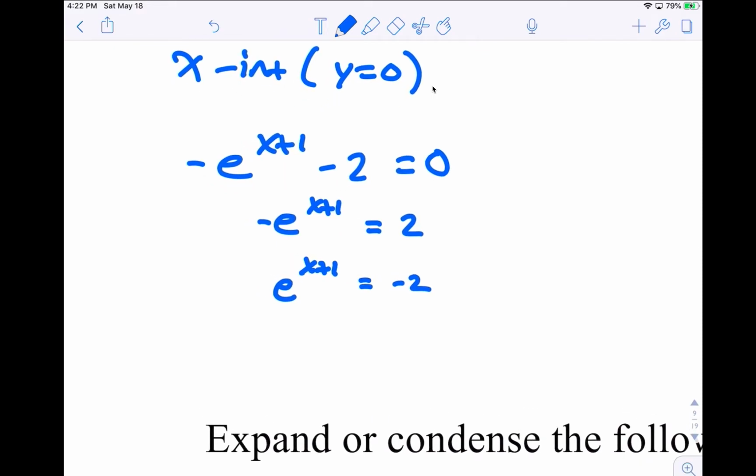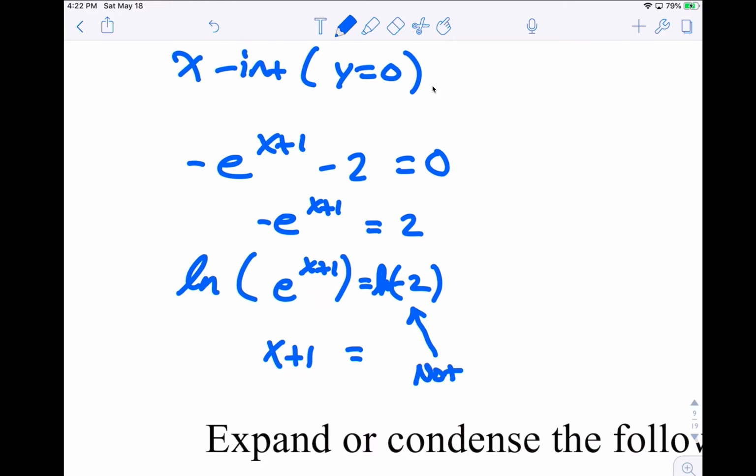Right, now to get rid of the base e, I have to take the natural log on both sides. So over here, it's going to give me x plus 1. But if I take the natural log of negative 2, I can't do that, right? So this is not possible.